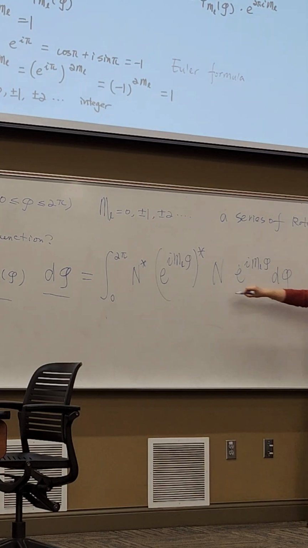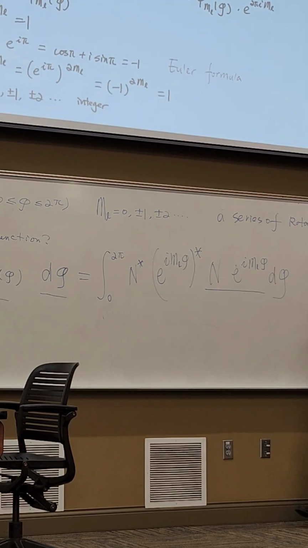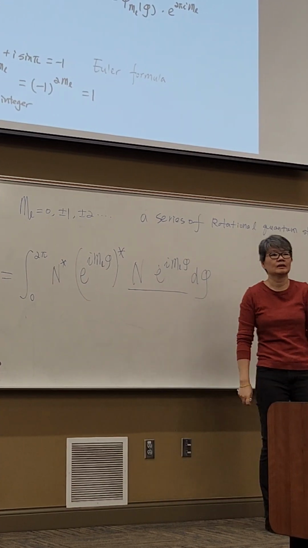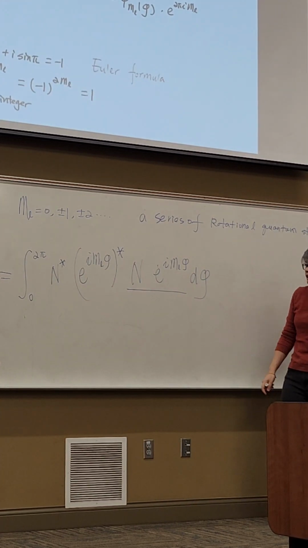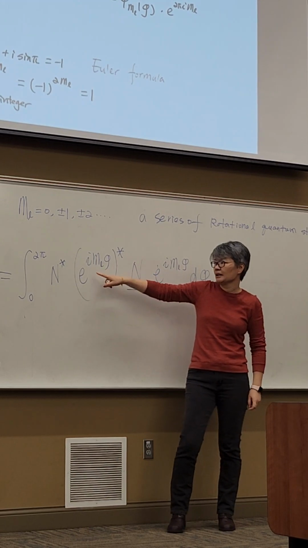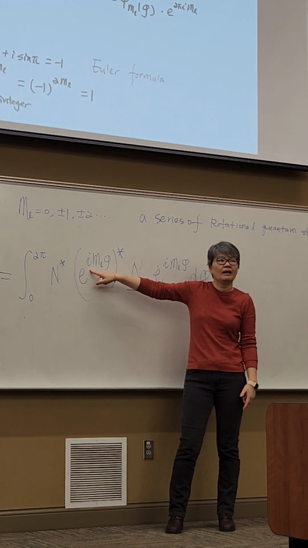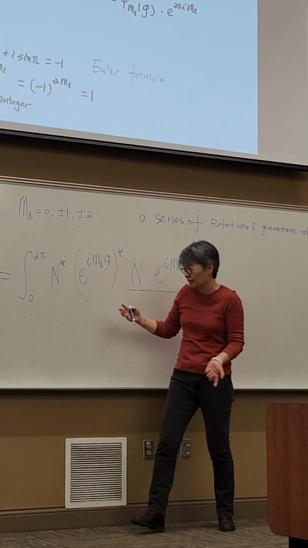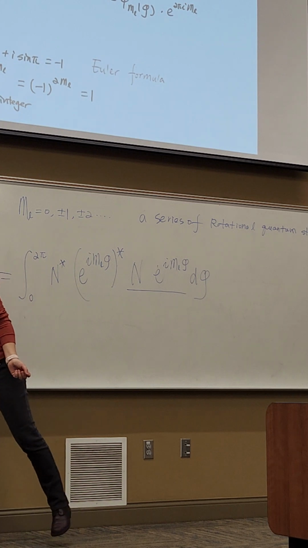This is your wave function times the normalization constant, and you take a complex conjugate. Now this is a complex function. How do you know? Because I have an i right here. So taking the complex conjugate operation, what do we have, guys?